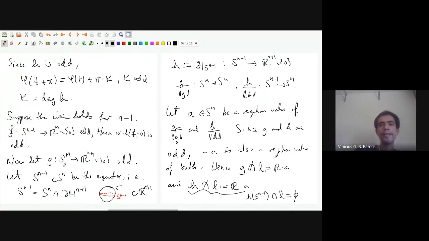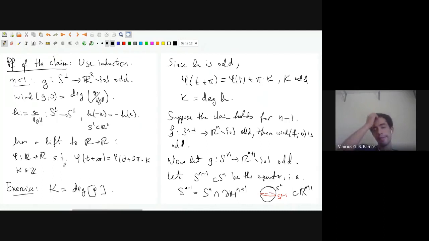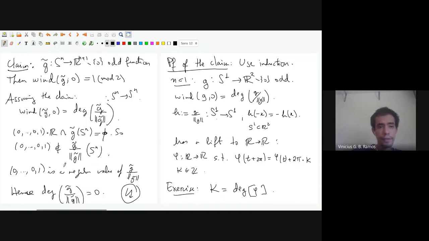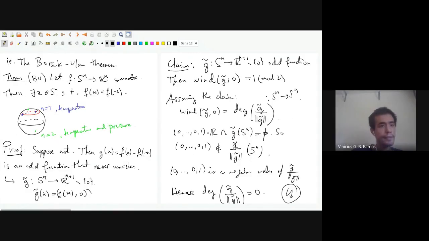A more direct way to do this, but I think you would need algebraic topology, is if you suppose not, you can define this G, and then if this odd function never vanishes, then you have an odd function G over norm of G that goes from Sn to Sn minus 1, and it's odd.